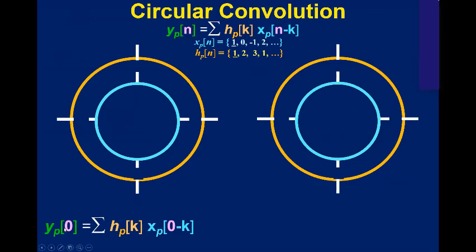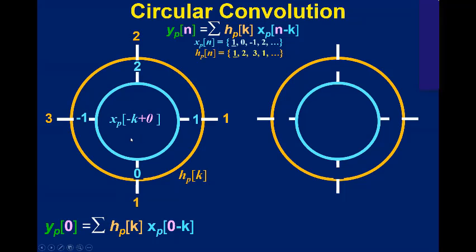So for n equals 0, I need my h of k. All right, well, we know how that looks. It's 1, 2, 3, 1. I need my x of minus k, so I need it reversed and not shifted. So we do the reversed version of x inside here, 1, 0, minus 1, 2, going clockwise around.